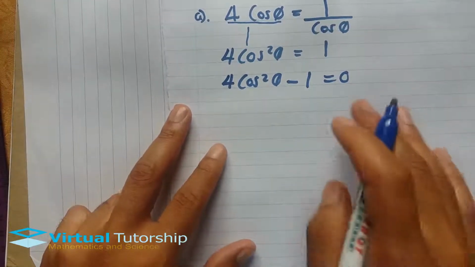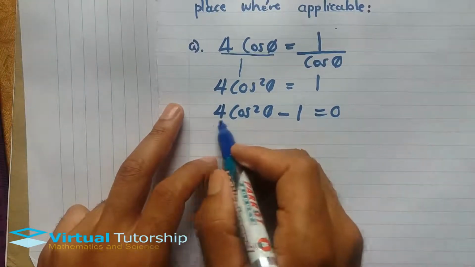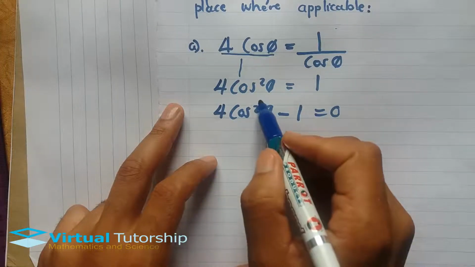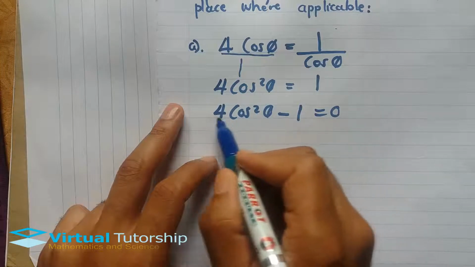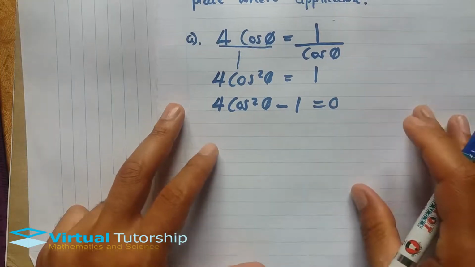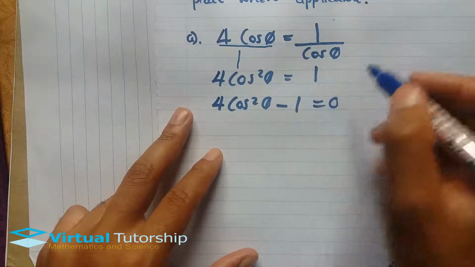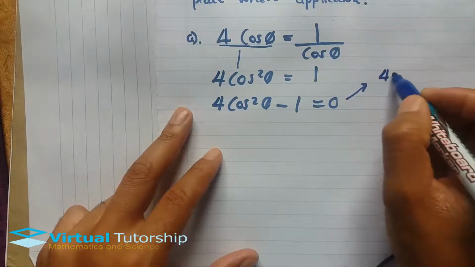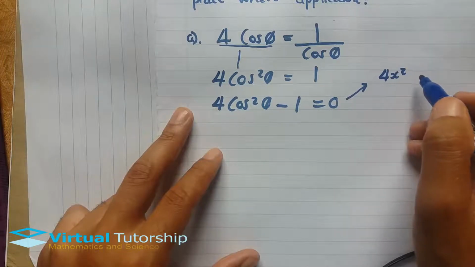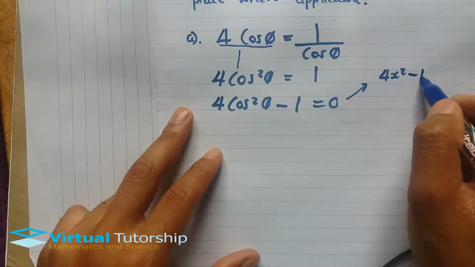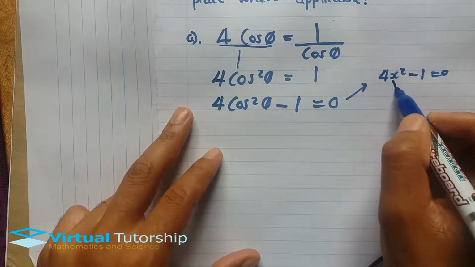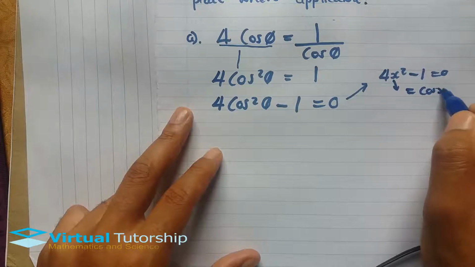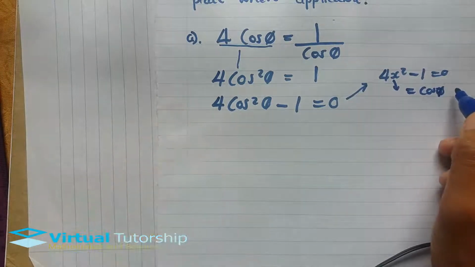Looking at this, we have a cos squared theta, which tells us we have a quadratic equation. I'm going to express it as 4x squared minus 1 equal to 0, where x is equal to cos theta.